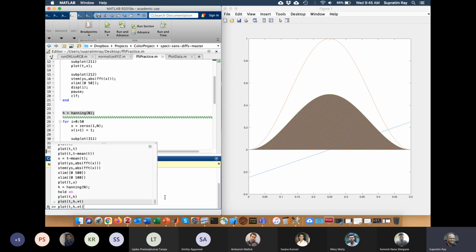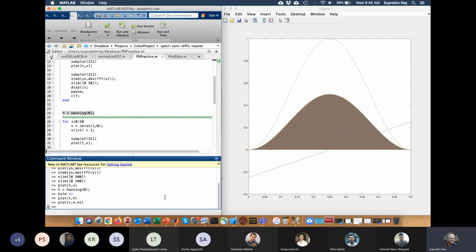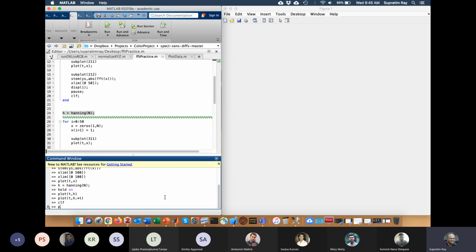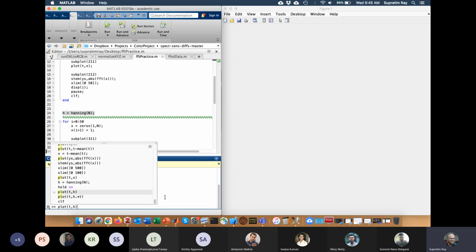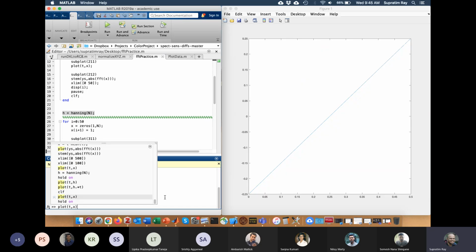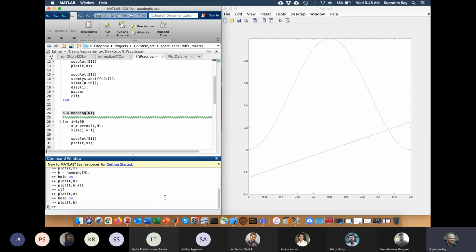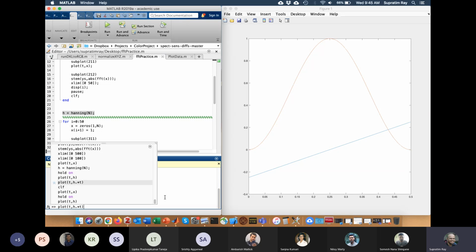Oops. Oh, wait. H is a column vector. So that is why you guys saw that. If I plot H, this is the window. Plot.